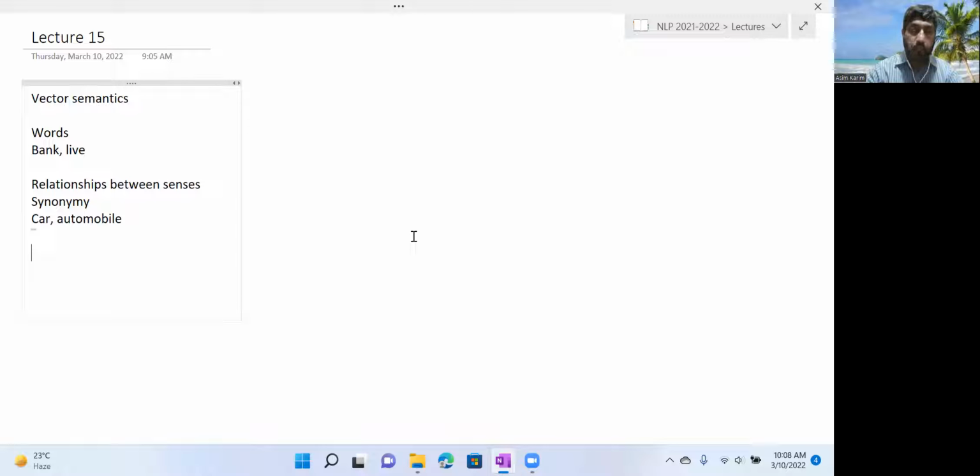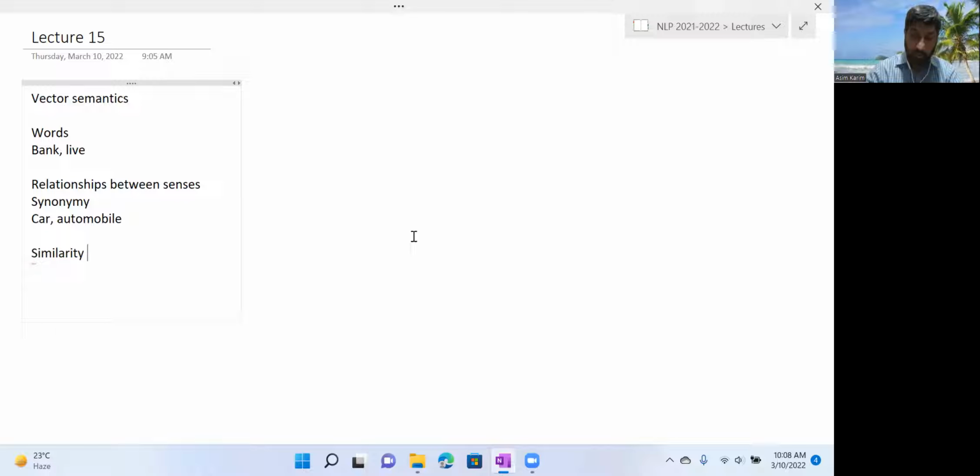To quantify synonymy, we can think of the notion of similarity, which is commonly used in data science. Two objects are similar if their representations are similar in some way, and you can quantify this in various ways.